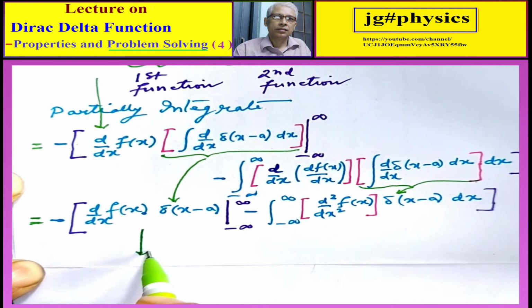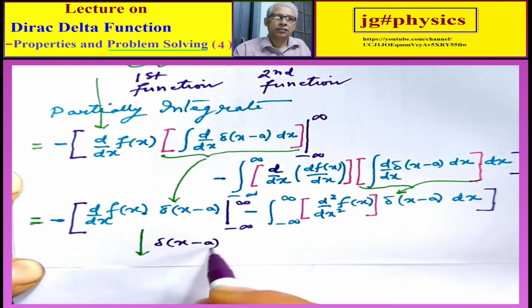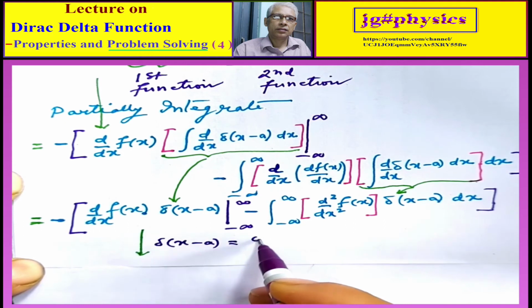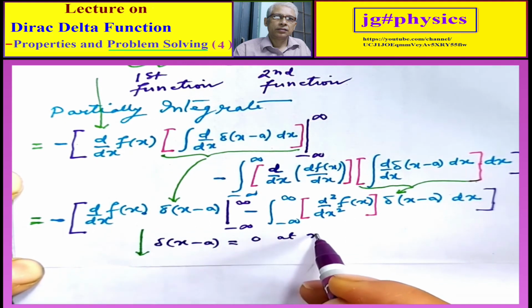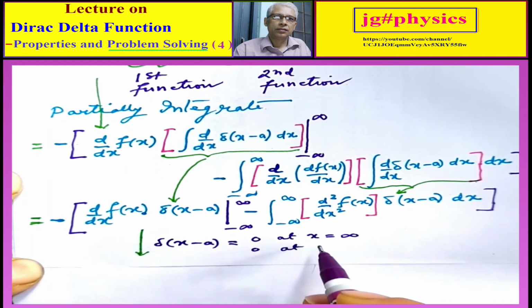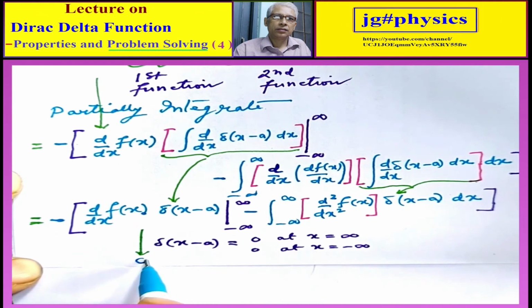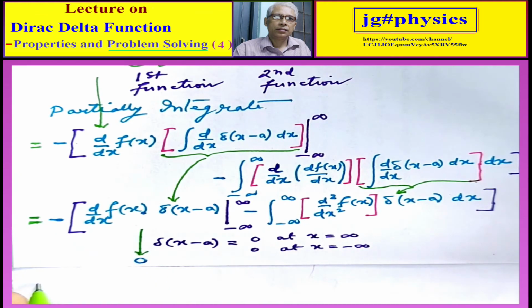Let us consider the first term, which involves Dirac delta x minus a, which is 0 at x equal to infinity, one limit, and also 0 at x equal to minus infinity, which is another limit, implying that the first term is 0. So we have the second term to be present only.